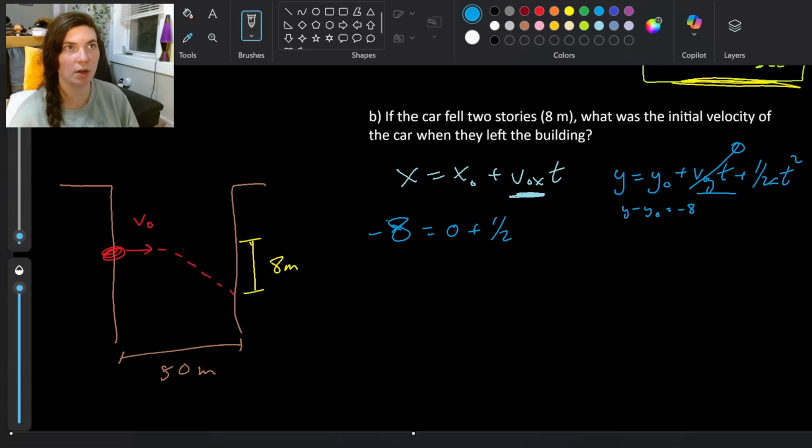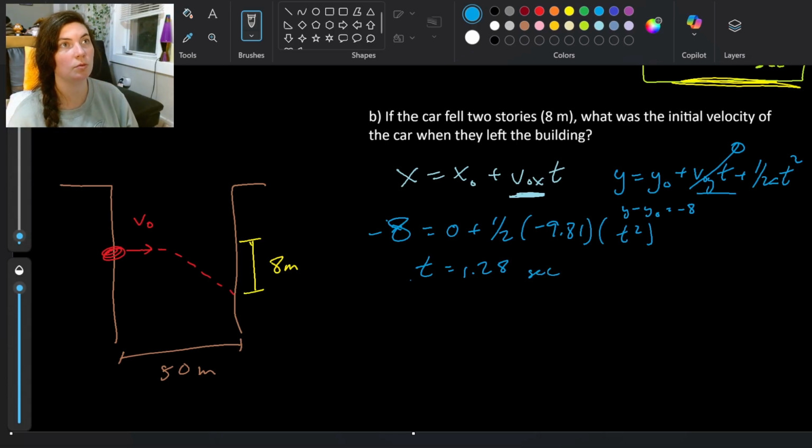Plus 1/2 times a, which is negative 9.81, times t squared. So this is very solvable. I can just pop this into my calculator and get a time of 1.28 seconds. So there's my time, and I can use this time and plug it back into my equation up here.